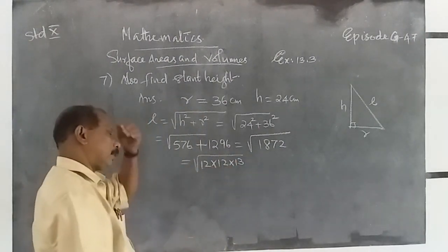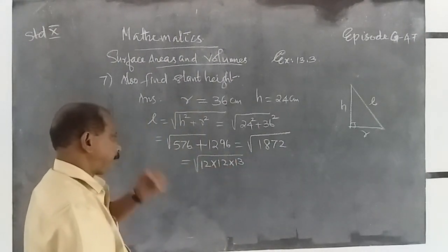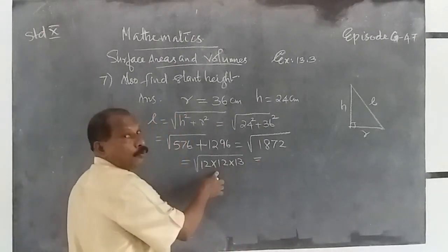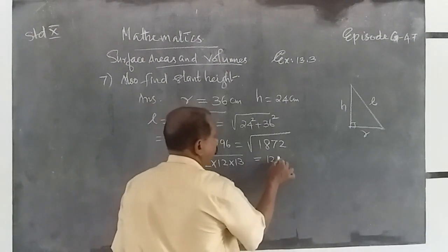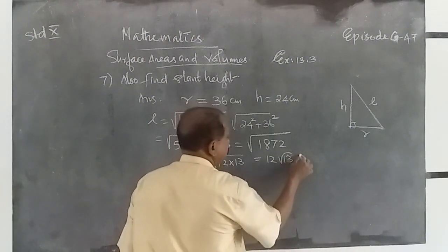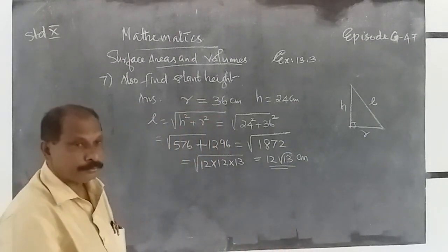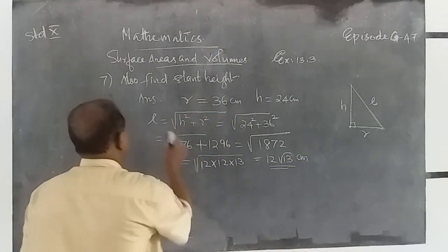That is 1872. That is equal to 12 into root of 12 into 12 is 12, so 12 root 30 centimeter. That is the slant height of that question.